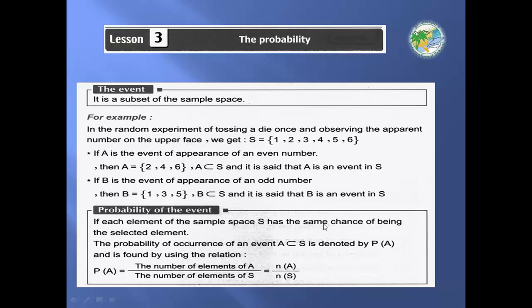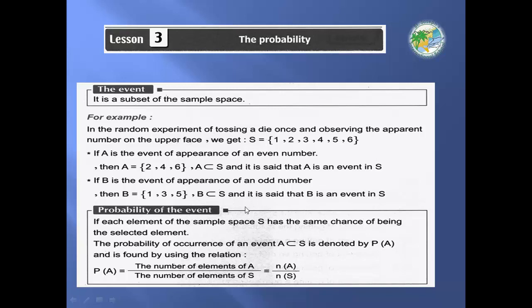A here is a subset of S. 2, 4 and 6 is a subset of S, and it's said that A is an event in S. If B is the event of appearance of an odd number, then B equals 1, 3, 5, the odd numbers. B, the odd numbers, is a subset of S, and it's said that B is an event in S.